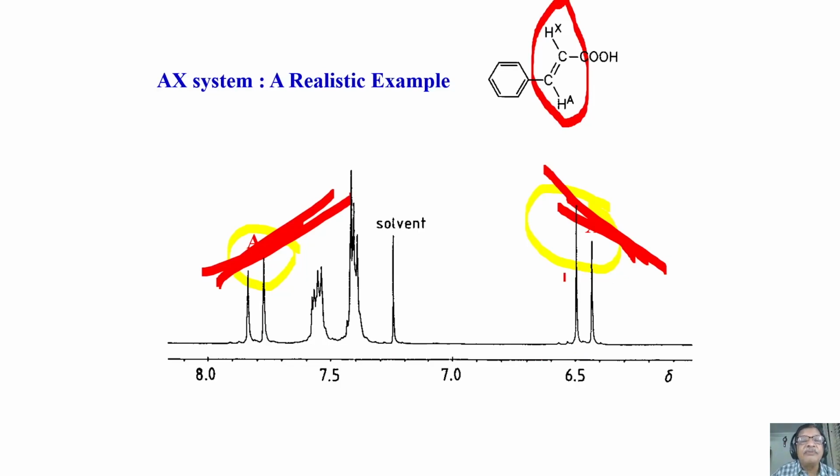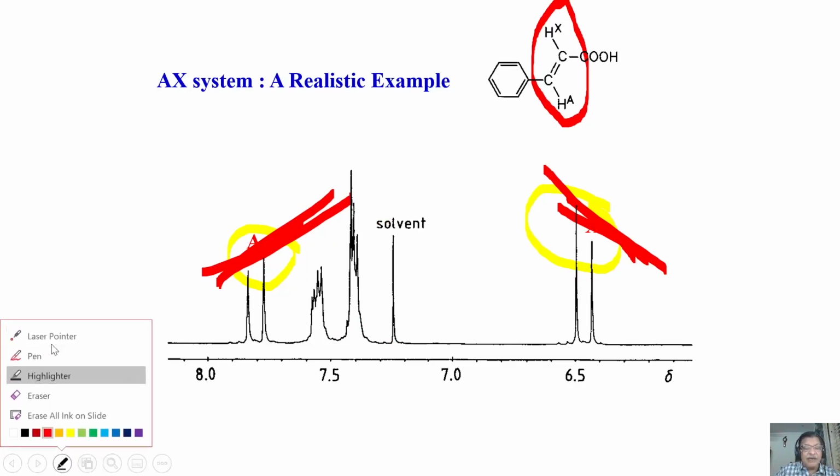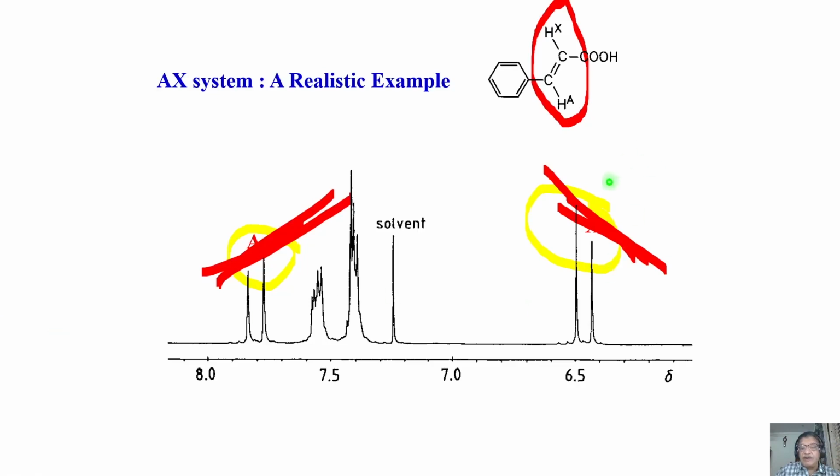What do we do? Simply take the sample and go to a higher magnetic field. Supposing this is done at 400, you go and start recording the spectrum at 800 megahertz. Then what will happen is this roof effect will disappear. The minute strong coupling character which is present here will disappear. You will get 4 peaks of equal intensity.